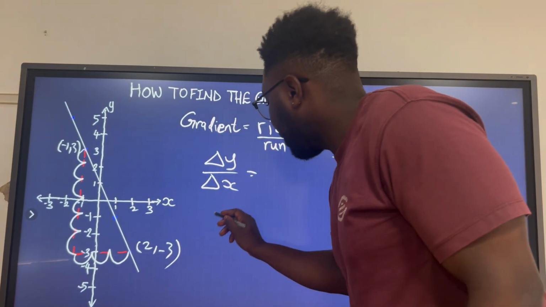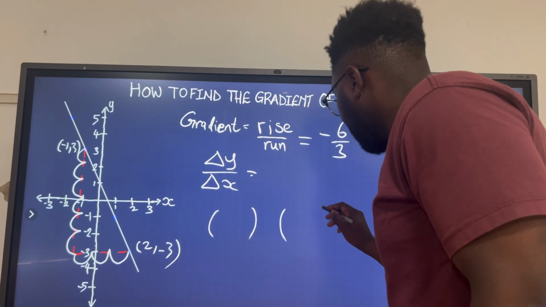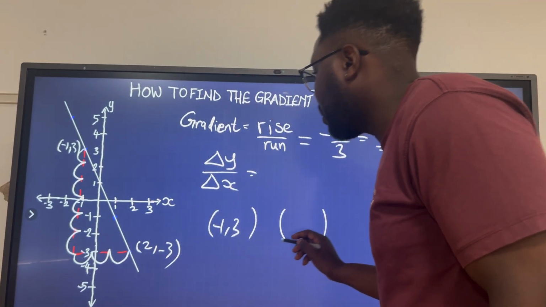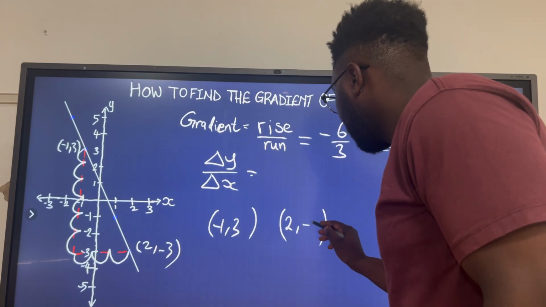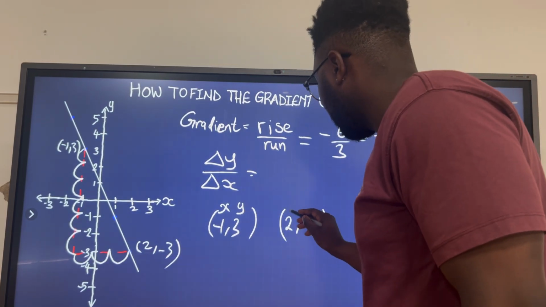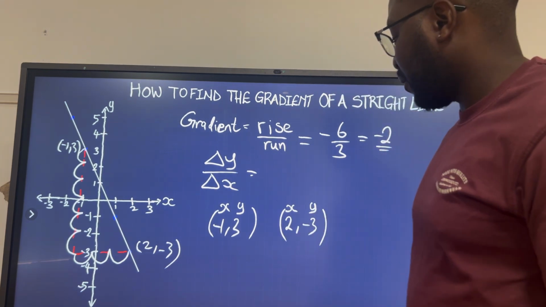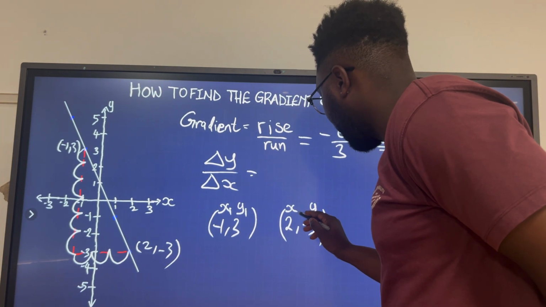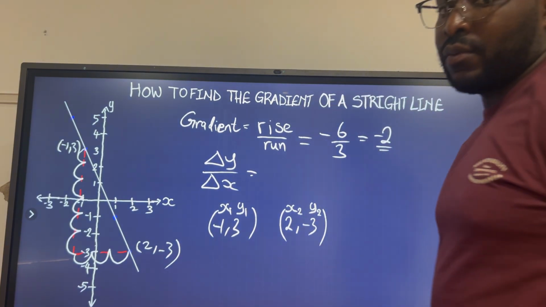So to make that easier, I'll write the points that I picked over here for clarity. Remember, this is my x, this is my y, this is my x, this is my y over here. I would note this as my x1, y1, x2, y2, right?